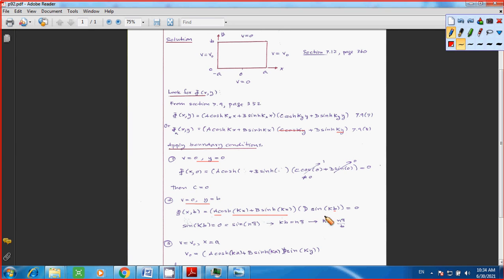To make the potential equal to 0, that means this term has to be 0. But D is not equal to 0. So sin kb has to be equal to 0. That means your kb has to be equal to n pi. And that gives you k equal to n pi over b.